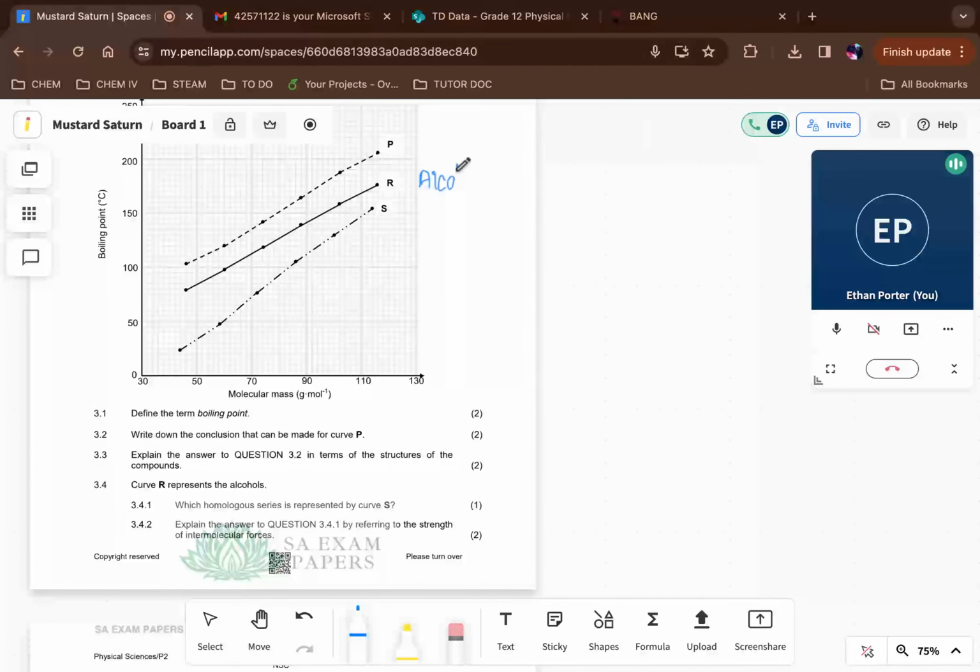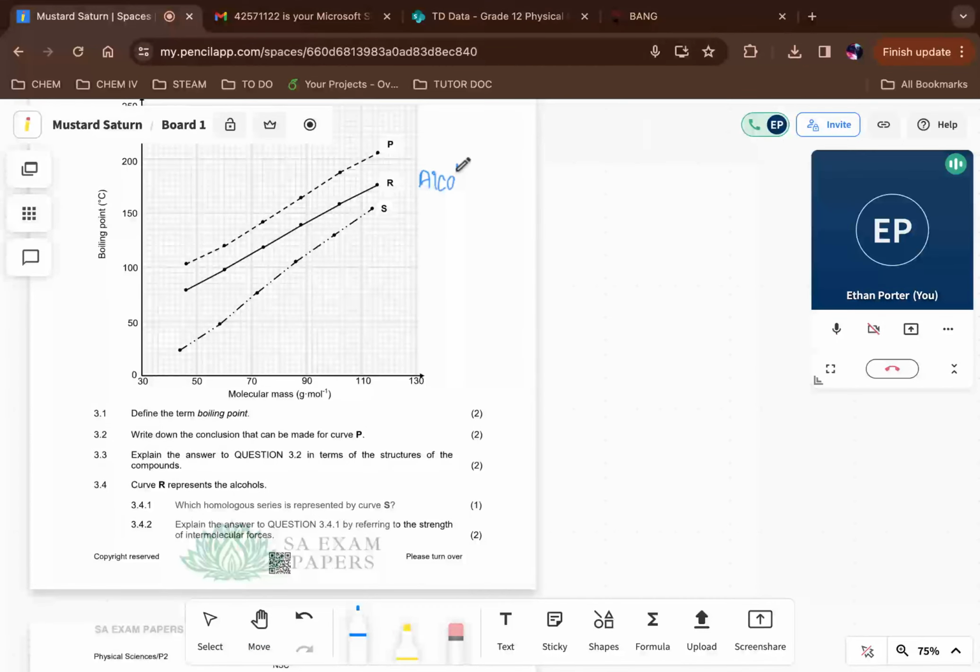So we would expect aldehydes to have lower boiling points than both alcohols and carboxylic acids, which means S has got to be the aldehydes. It's the only one that doesn't have hydrogen bonding, so it should have lower boiling points because it has weaker intermolecular forces.